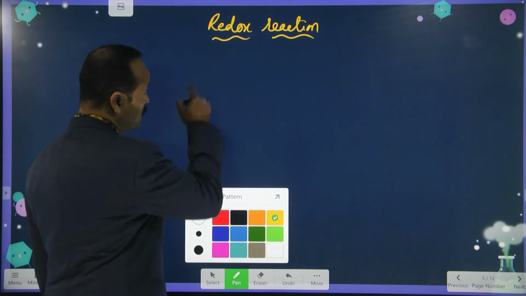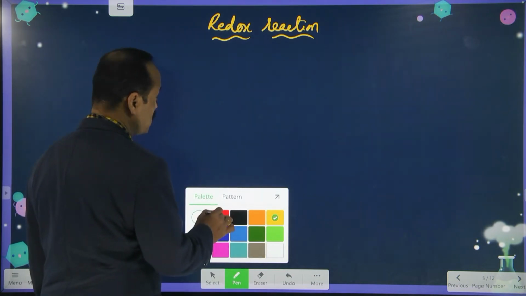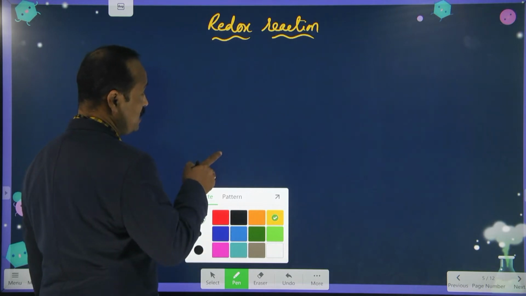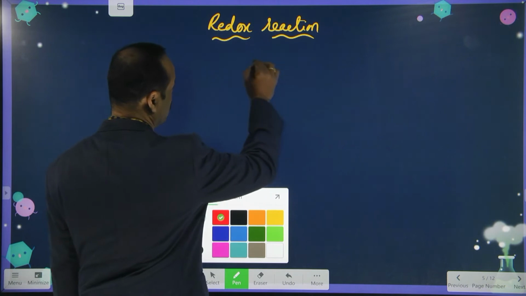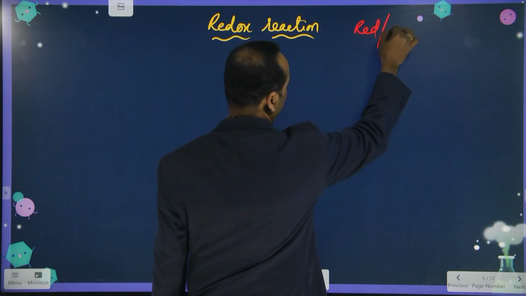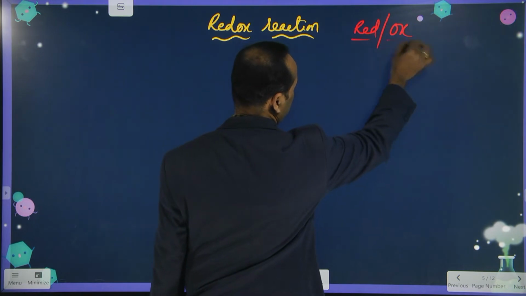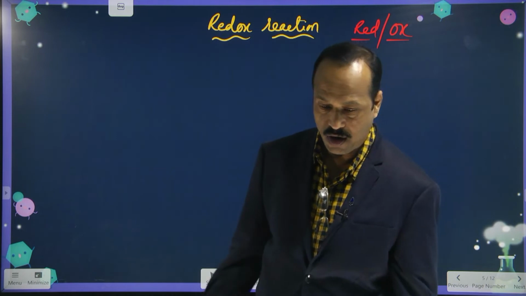One is red, second one is ox. So red for reduction, ox for oxidation.